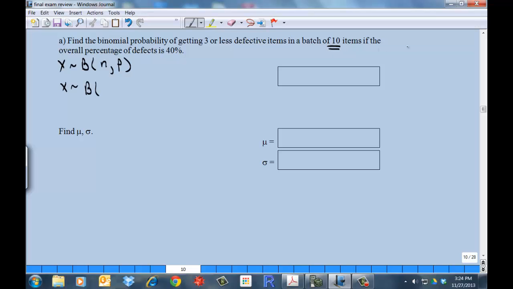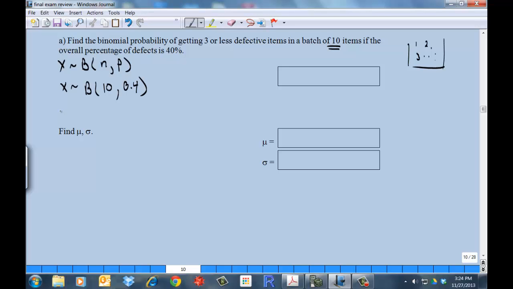So we have a batch of 10 items, and we're going to select all 10 items, and then we want to know what is the probability of getting 3 or less defective items in this batch of 10. So 10 is the number of trials, and then the probability of success is 0.4.